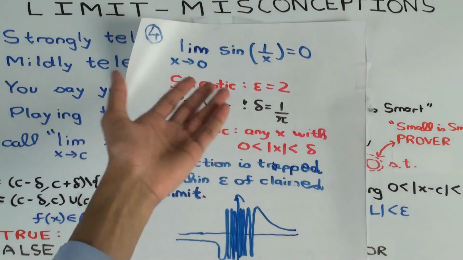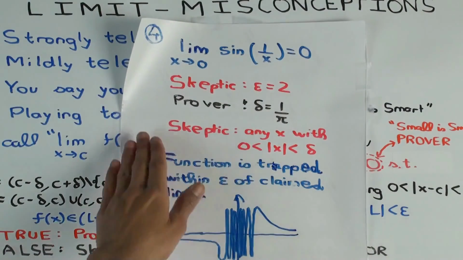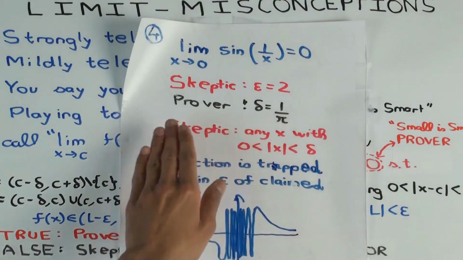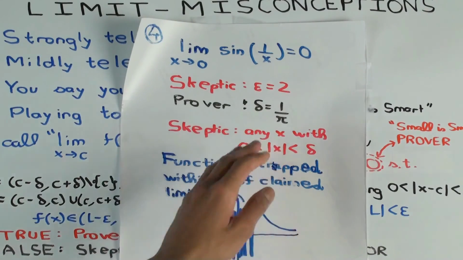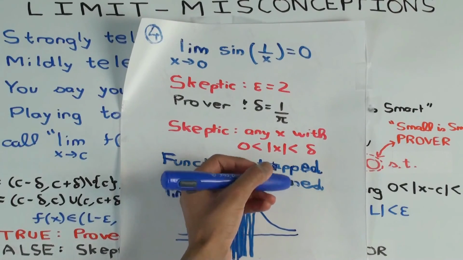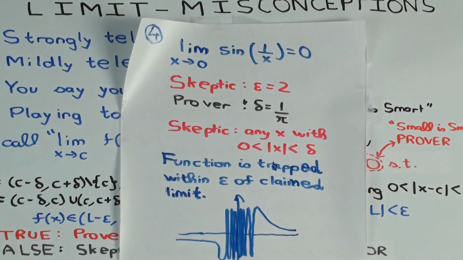So therefore, it's trapped within distance 2 of the claim limit 0, right? So this is regardless of what the skeptic does. So it's not just saying that the prover won the game one time. It's saying whatever x the skeptic picks, the prover can still win the game, right? The prover has chosen a delta such that the function is completely trapped. So it's not an issue of whether the skeptic picked a stupid x.